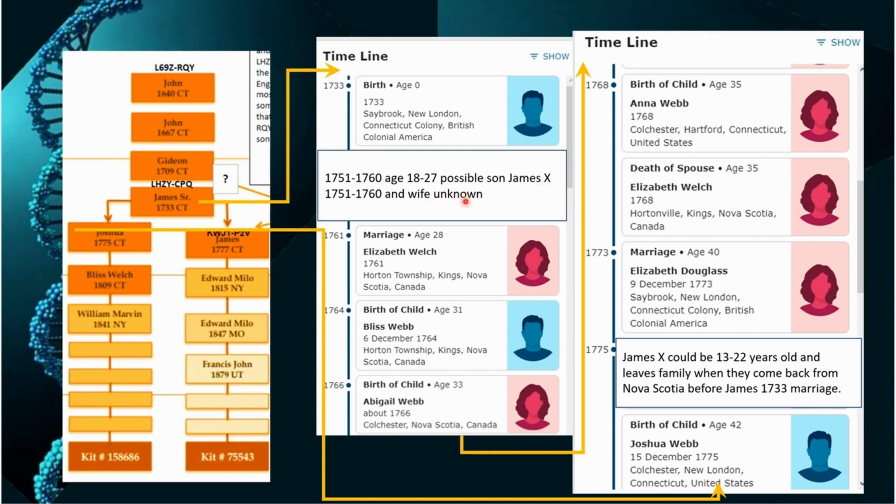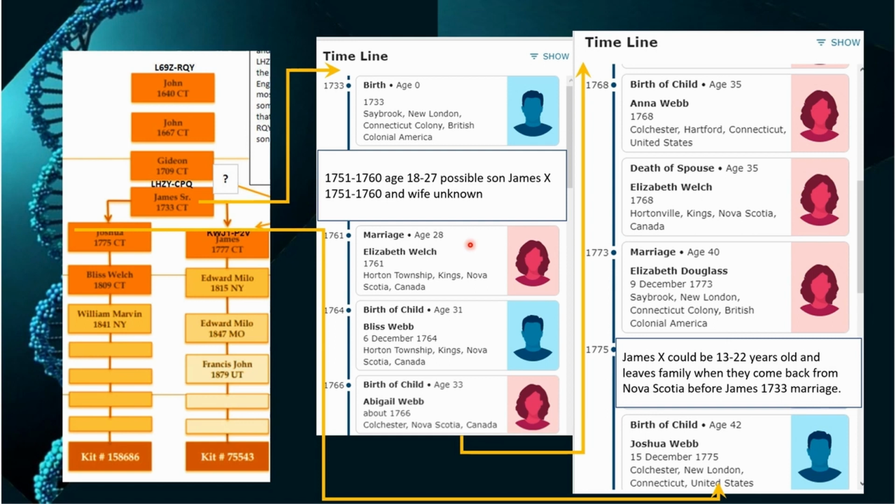And the first recorded marriage is to Elizabeth Welch up in Horton Township, Kings, Nova Scotia. He's 28 when he gets married to Elizabeth. But it doesn't mean he wasn't married earlier. We just don't have records. Okay?